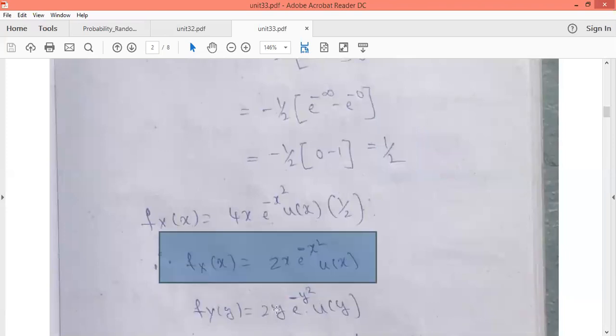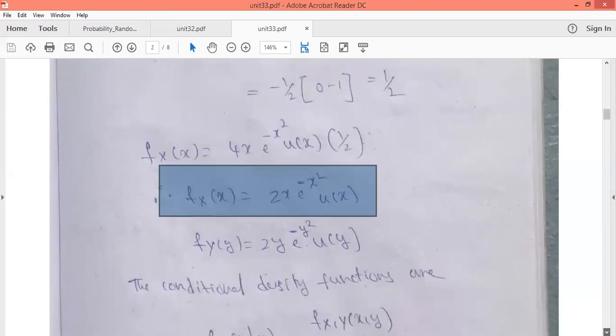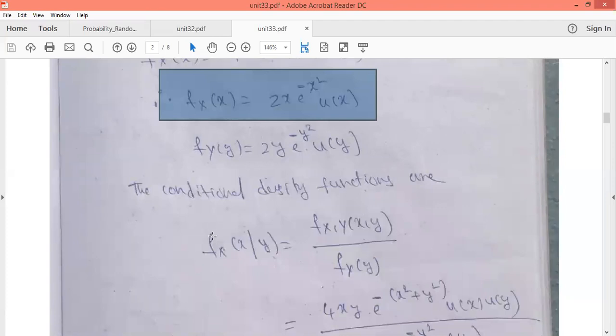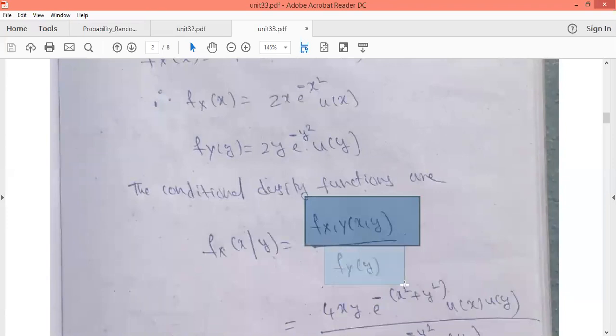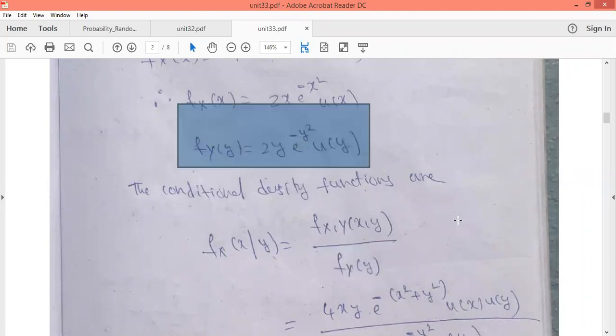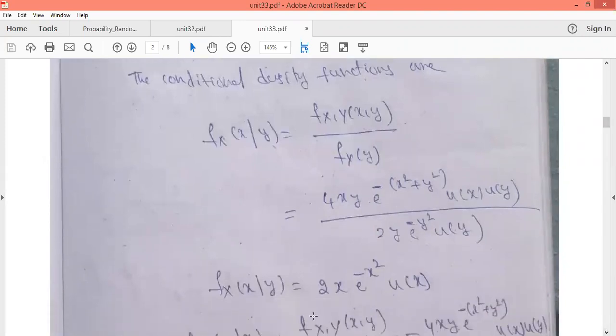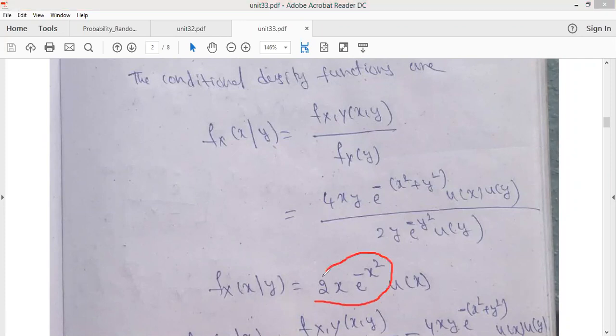Similarly, we find f_Y(y), which we get as 2y e^{-y²} u(y). Now, what is the conditional density function? f_X(x|y) is equal to the joint density function divided by f_Y(y), which we already found as 2y e^{-y²} u(y). Substituting, f_X(x|y) is 2x e^{-x²} u(x), because all the y terms get cancelled.